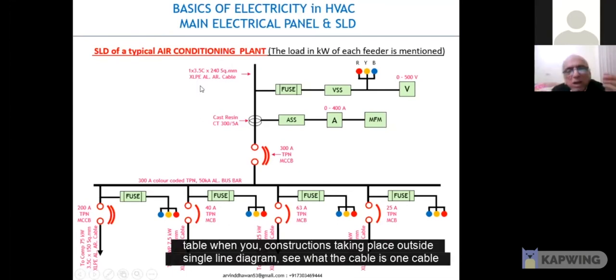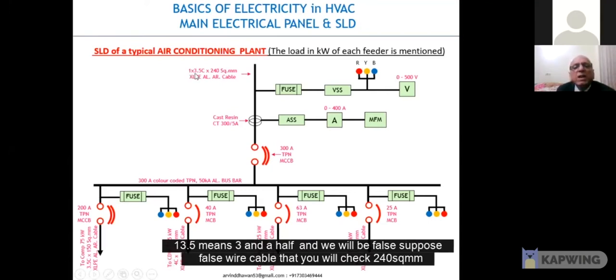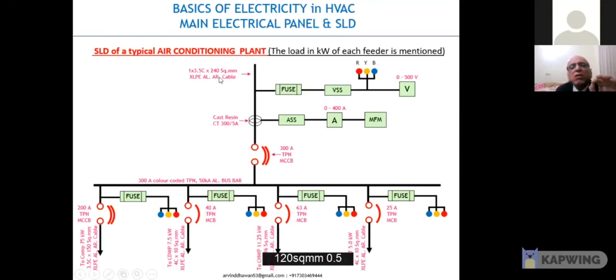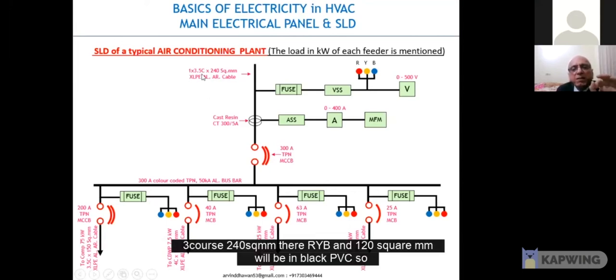Then we have identified the cable. So when construction is taking place, you've got a single line diagram, and when you go to the site, you must see what that cable is. One cable, 3.5C, means there will be 3.5 cores. 3 will be full, suppose full square cable, let's say 240 square mm. 3 cores will be of 240 square mm and 1 core will be of 120 square mm, means 0.5.